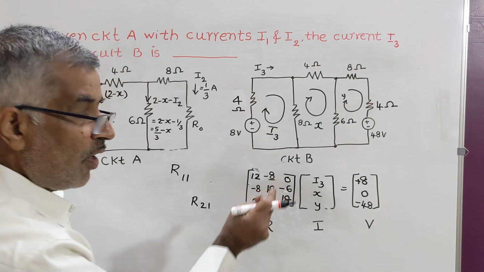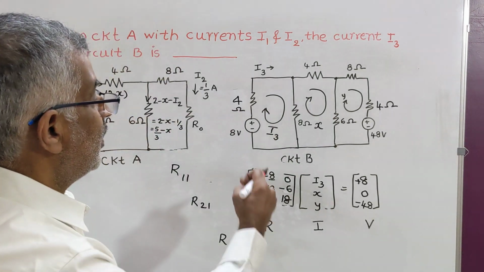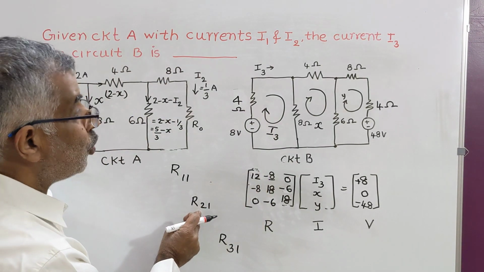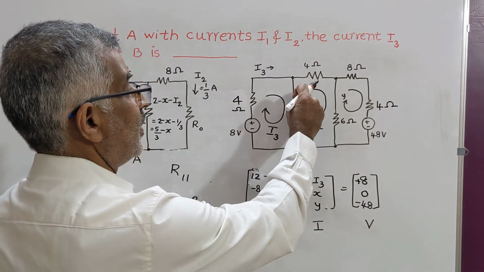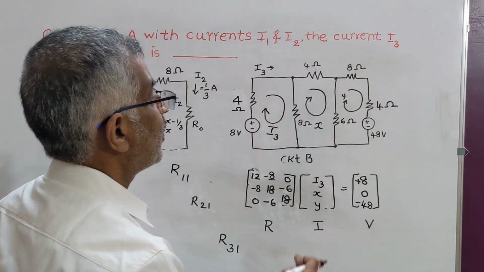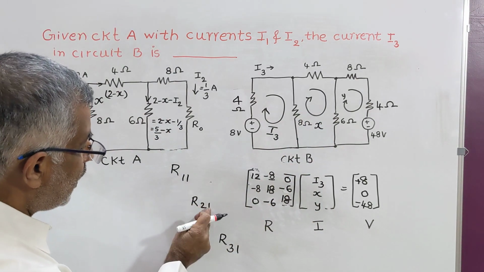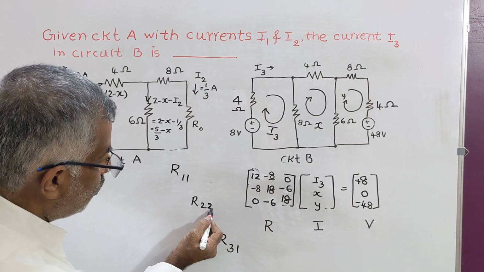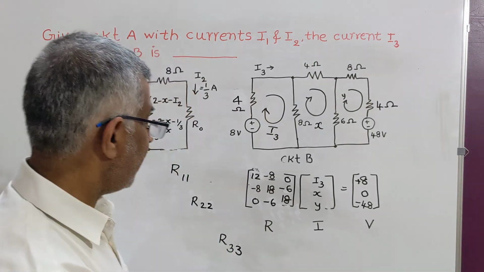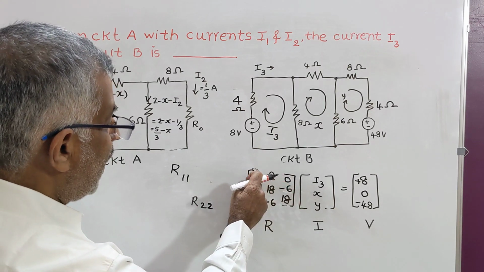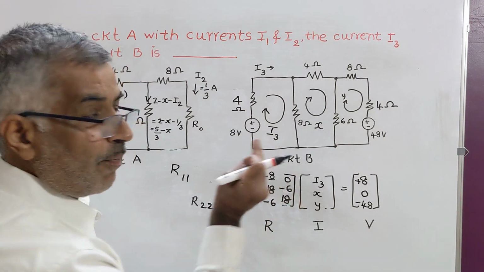Sorry, I made a small mistake: the diagonal elements are R11, R22, R33.